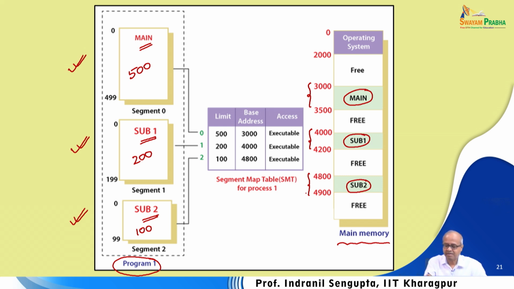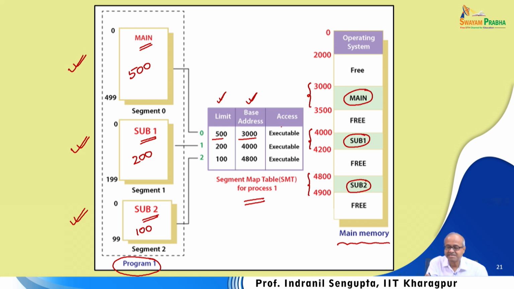In the middle, you will have the segment table, you can say segment map table, different names are followed. So, as I said, the most important things are base and limit values. For every address that is generated, the starting address of that segment in memory, let us say for the first one, is 3000, and the size of that segment is 500.